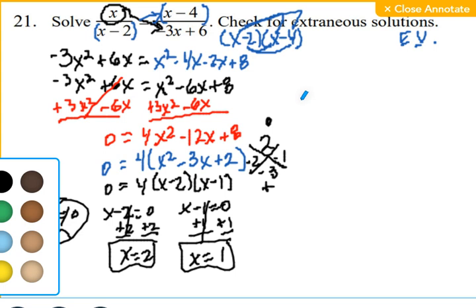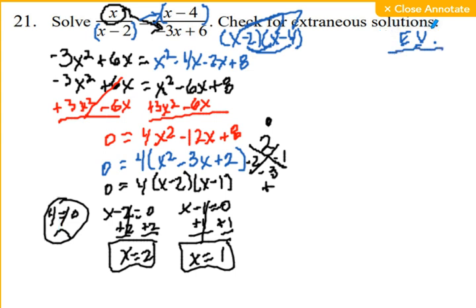So what do we do for excluded values? Tell your neighbor, what do we do for excluded values? See if you remember. Then we'll ask Rodney for that. All right, go ahead, Rodney. Yes, he said denominator is equal to 0.